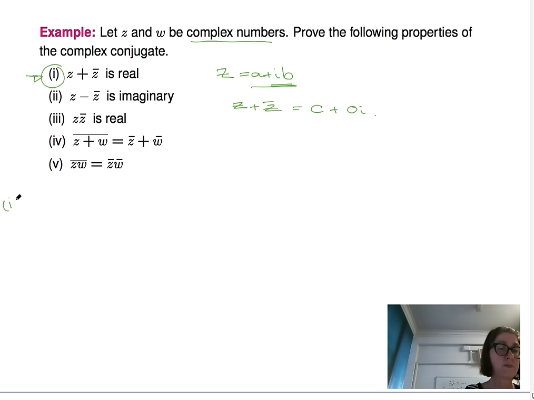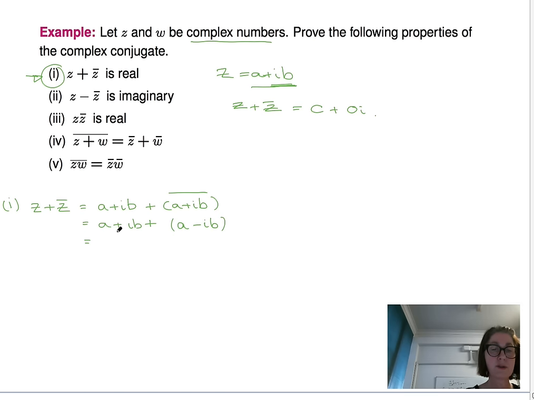So we're going to start off with z plus z bar, and our z is just going to be any old arbitrary complex number, a plus ib, and we're going to add it to the complex conjugate of a plus ib. So this is a plus ib, and the complex conjugate is going to be a minus ib.